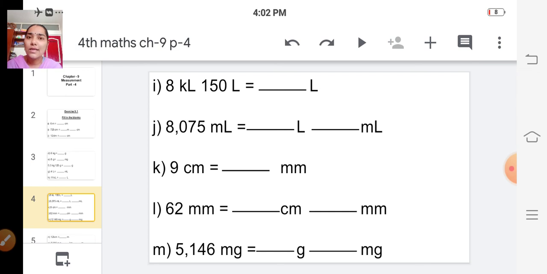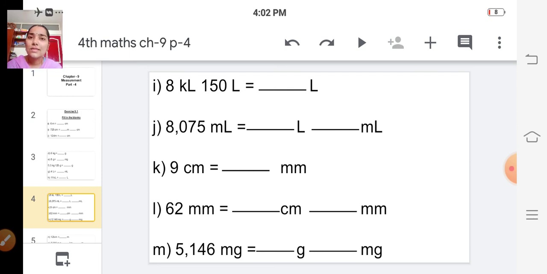That is 1 kilogram is equal to 1000 gram. 1 gram is equal to 1000 milligram. Similarly, 1 kiloliter is equal to 1000 liters, and 1 liter is equal to 1000 milliliters. And similarly for lengths, how to convert from kilometer into meter, decimeter into centimeter, centimeter into meter, and centimeter into millimeter.